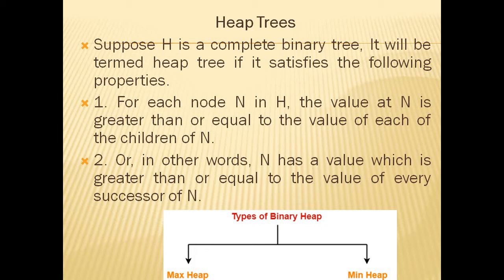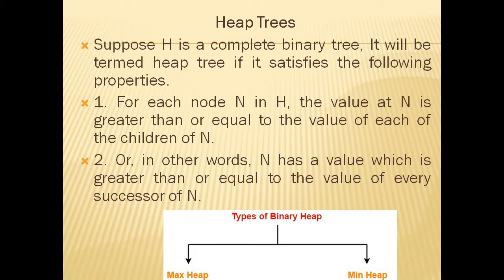Actually, heap tree is divided into two parts. One is max heap, another one is called min heap. Normally a heap tree may be a max heap. When the root element is less than its children, we call it a min heap tree.